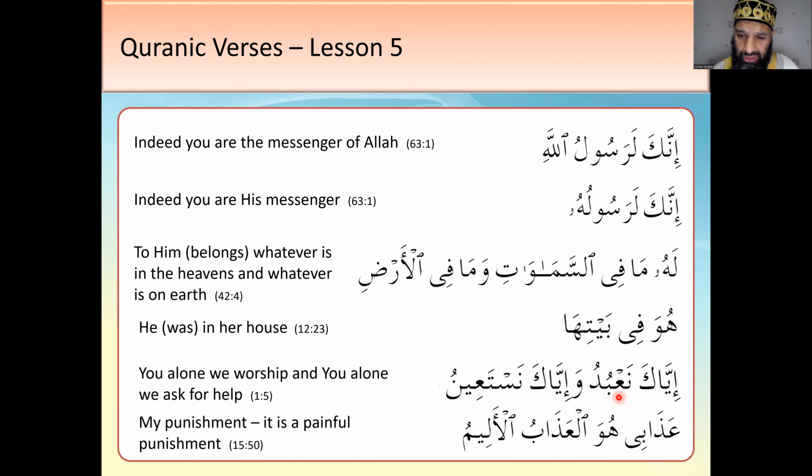The thing to notice here is this ka, you alone, yeah? And wa iyyaka, you alone, the ka in the table. Like, kitabuka, your book, yeah? Iyyaka, you alone. We're talking to Allah subhanahu wa ta'ala here. Allah used the masculine to refer to himself. So we use the masculine terminology to refer to Allah, because that's what Allah chose himself.